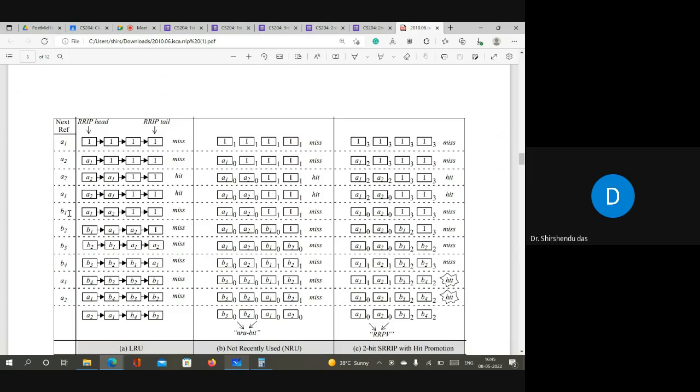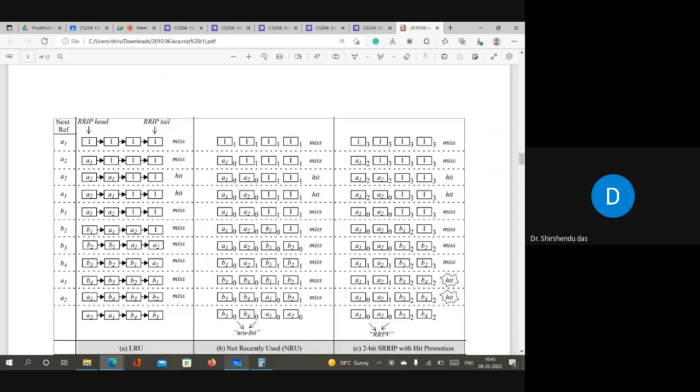You can see that this scanning application can flush everything in LRU. But in SRRIP here, there are two hits. So it means that the scanning application, B1, B2, B3, B4, cannot remove everything from the SRRIP. That was their property, right?